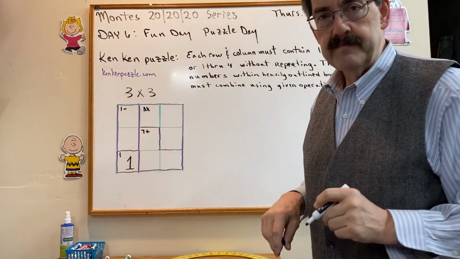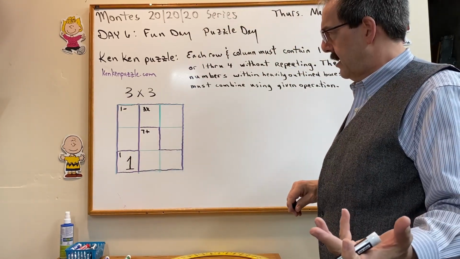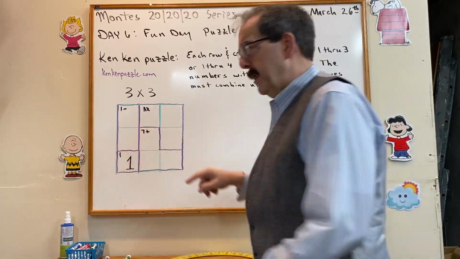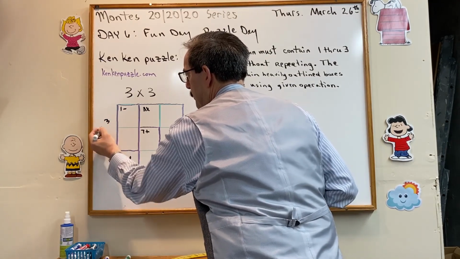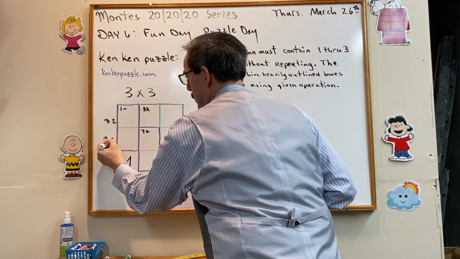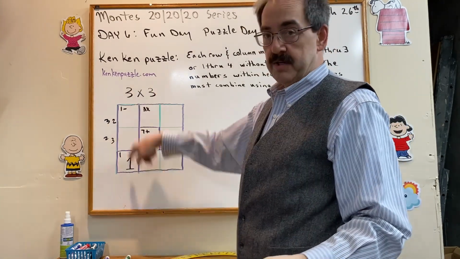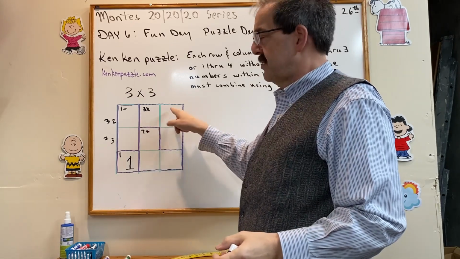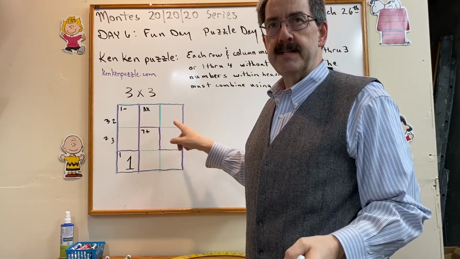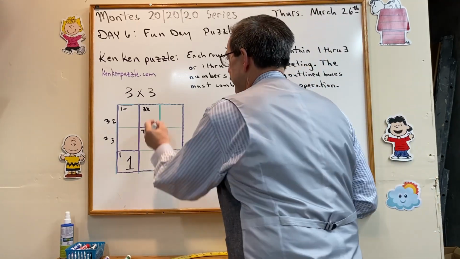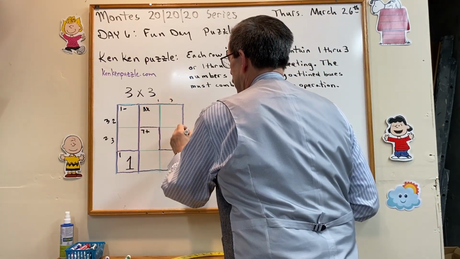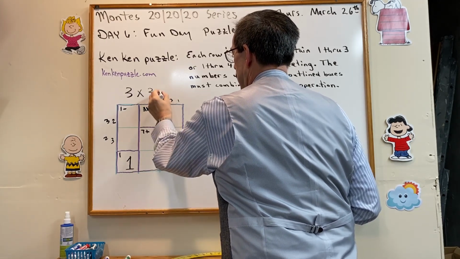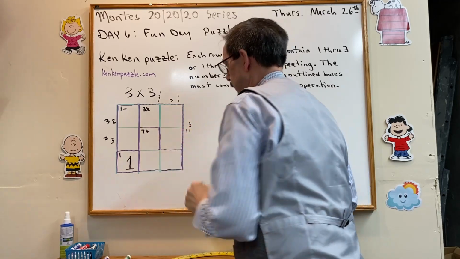Okay, Ken puzzle. Now, let's pause for a second. Two numbers, when we subtract, we get 1. So a 3 and a 2, or a 2 and a 3. Well, that works because 1, 2, 3. Numbers that multiply to get to 3: 1, 3, 1, or 3, 1, 1, or 1, 1, 3.